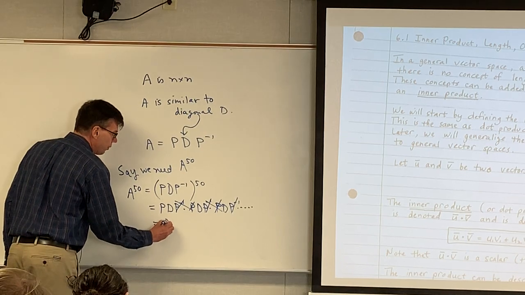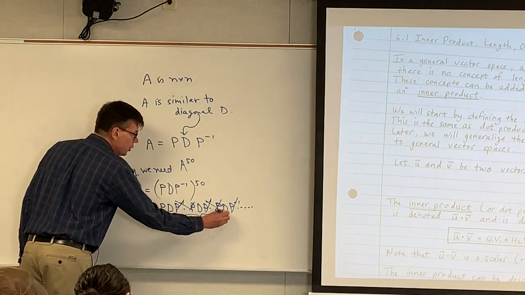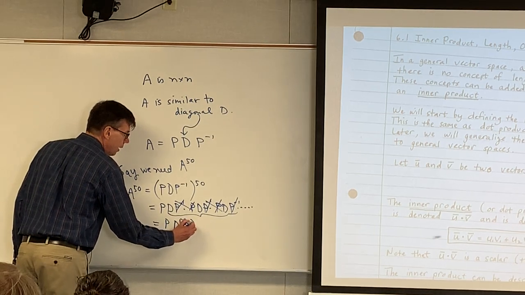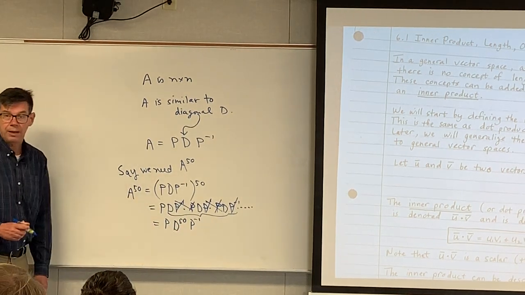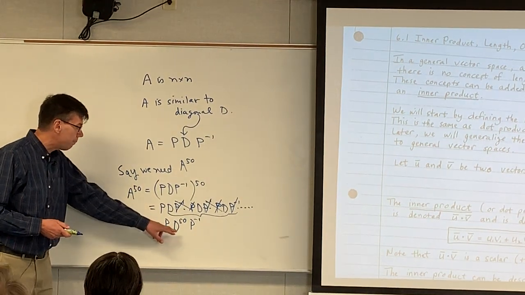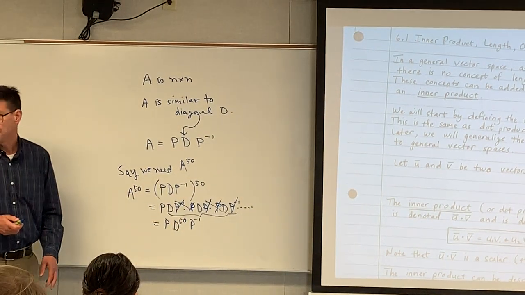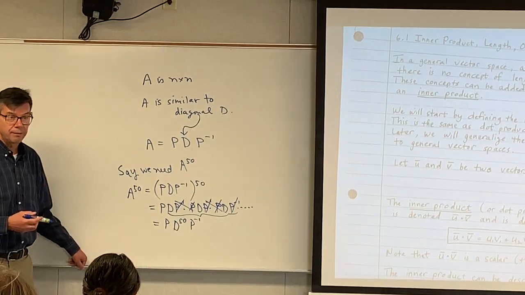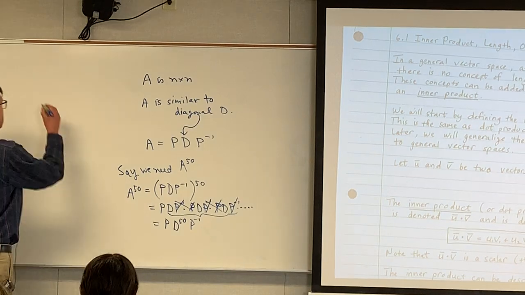You're going to end up with P, a whole bunch of D's, and P inverse: D to the 50th power. So in this special situation, you end up with just one copy of P and one copy of P inverse. Now, computing D to the 50th power, a diagonal matrix to the 50th power, is easy.